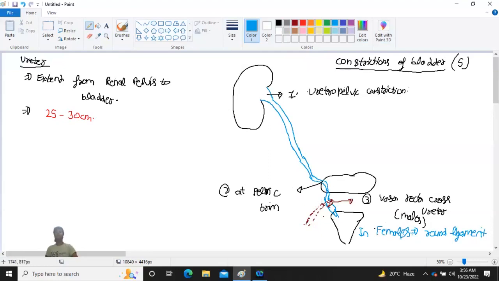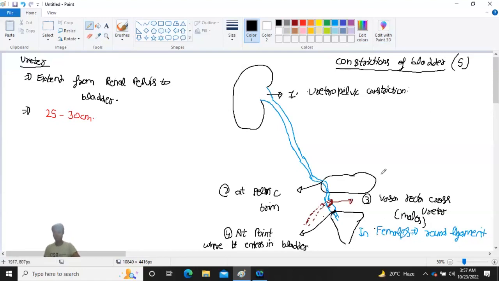Then after this, at the point where it enters the bladder, this is the fourth point. At the point where it enters in the bladder.